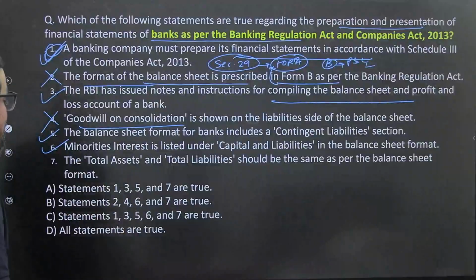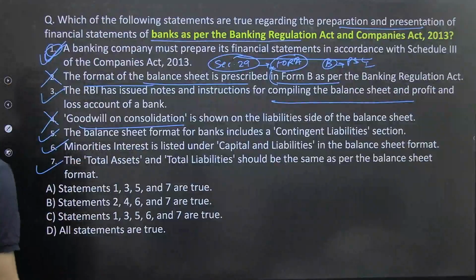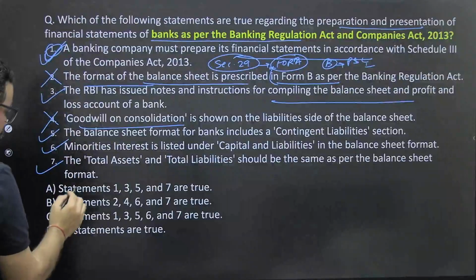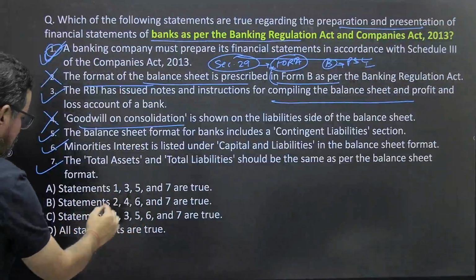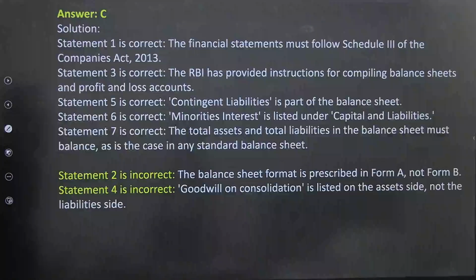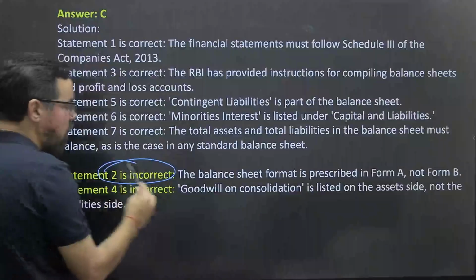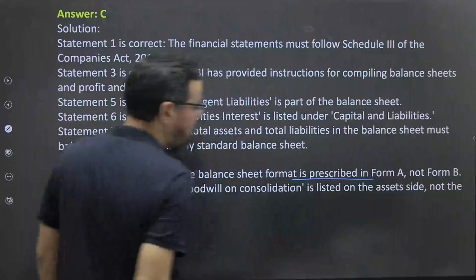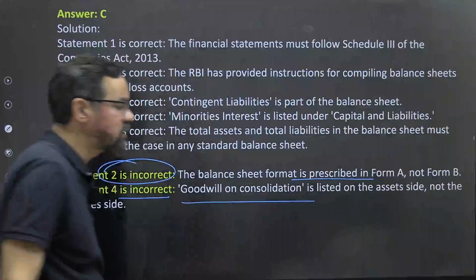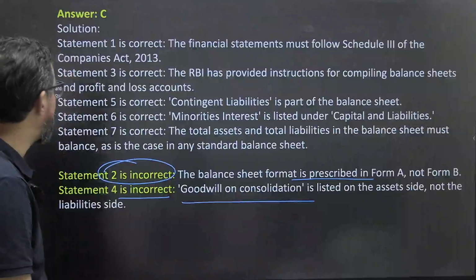The total assets and total liabilities should be the same as per the format, 100% true. So 1, 3, 5, 6, 7. Option C should be the right answer for this one, right? Statement 2 was wrong. Balance sheet format is prescribed in form A, not form B. Statement 4 is wrong: goodwill on consolidation is listed on the asset side, not the liability side, right?